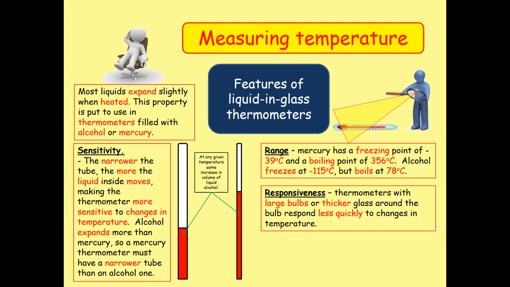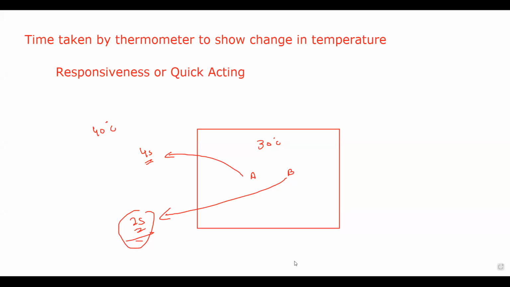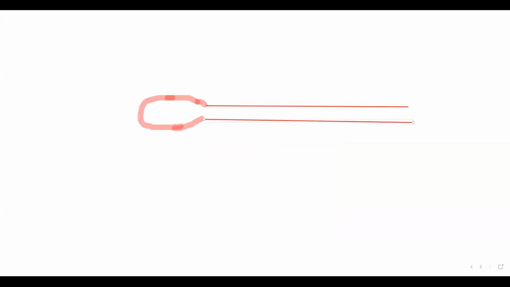If we use a thinner glass bulb, the liquid is there inside the bulb. So we can use thick walls for the bulb of a thermometer, and there is a capillary, or we can use thin walls for the bulb of a thermometer.